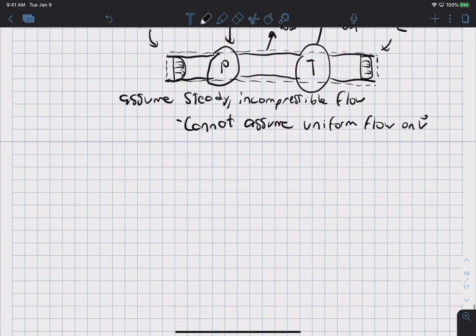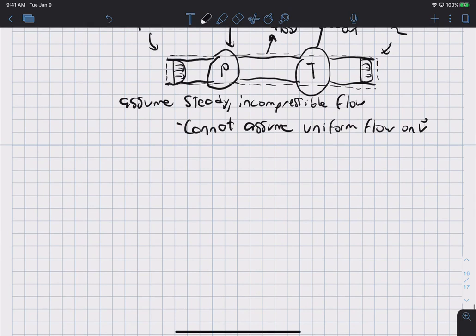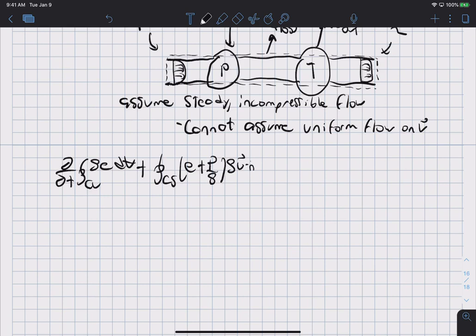So then we got our control volume here. We use conservation of energy like we always have. We have partial t, the integral over the control volume of rho e dV, plus the surface integral of (e plus p over rho) v dot n hat dA, equals W dot in minus W dot out plus Q dot in minus Q dot out.